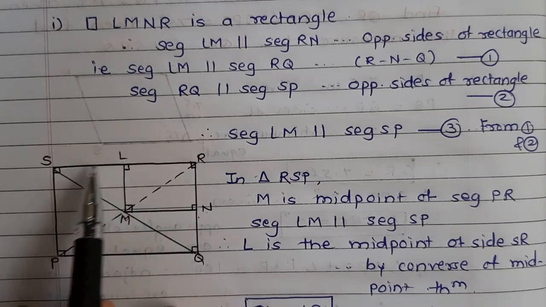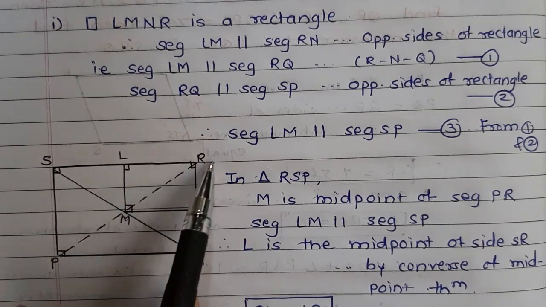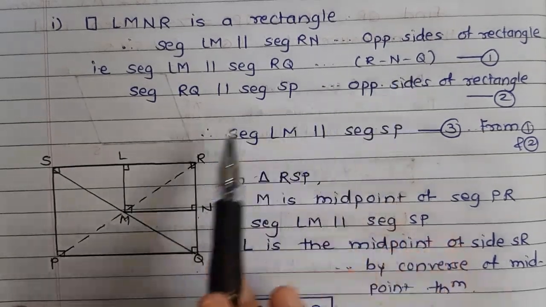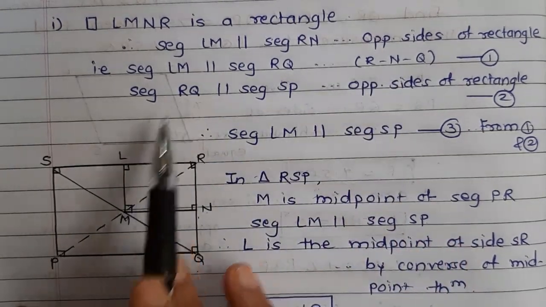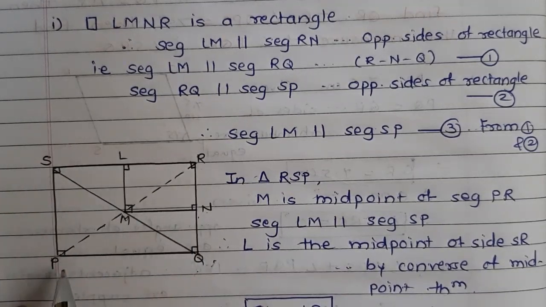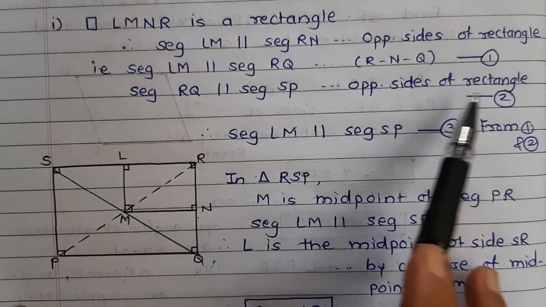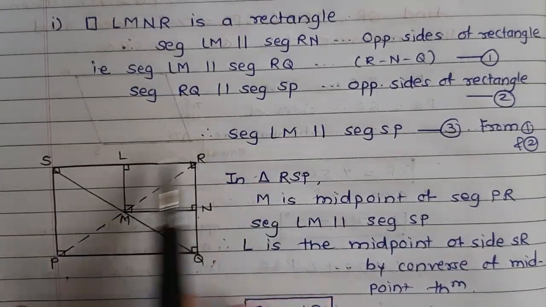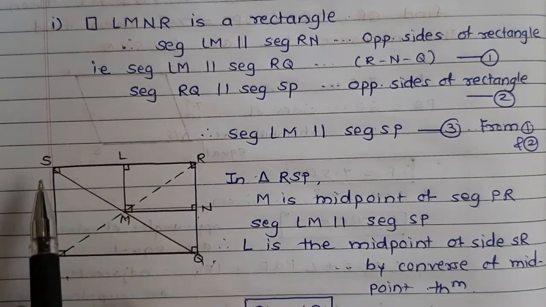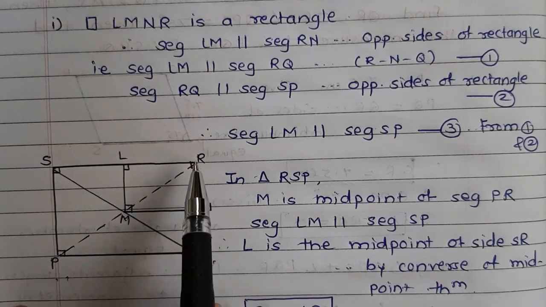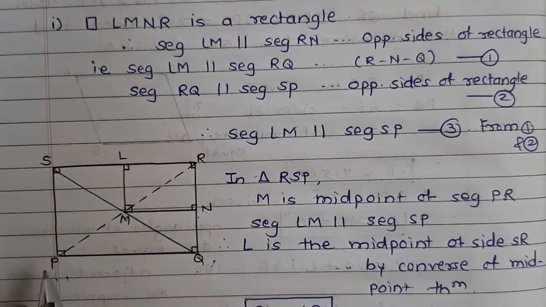That is, LM is parallel to SQ, R-N-Q being between. Okay, so we can mention here segment RQ is parallel to segment SP, because these are also opposite sides of a rectangle. Therefore segment LM is parallel to segment SP.